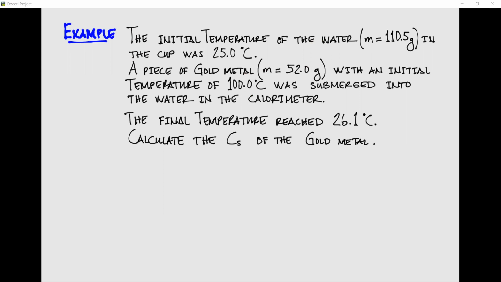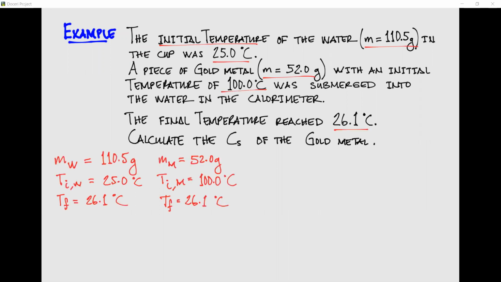So we know the equation for specific heat capacity. So all we have to do now is plug in the numbers. So we have the mass of the water, we have the initial temperature of the water, and the final temperature of the water.